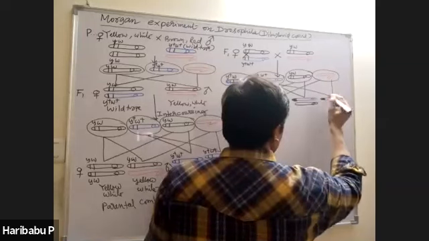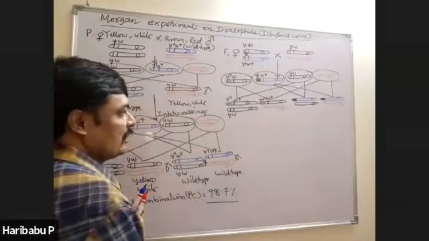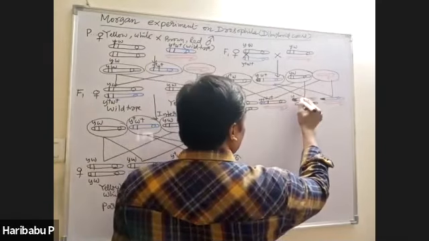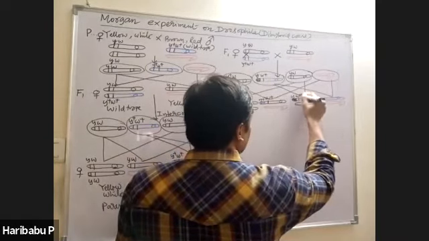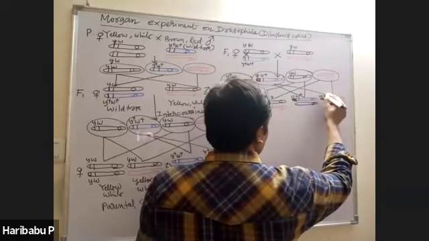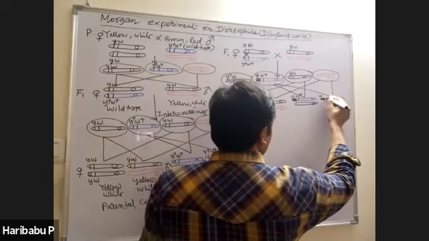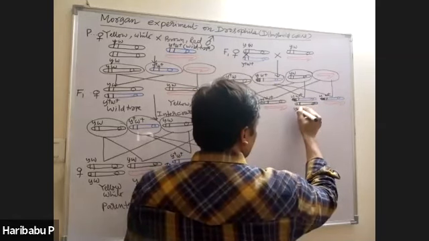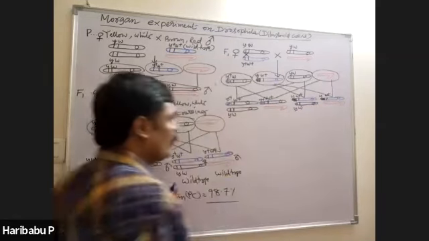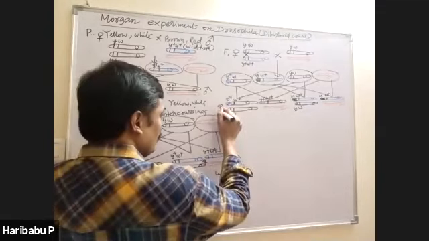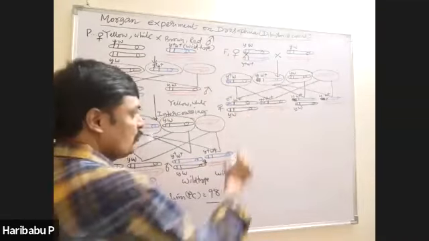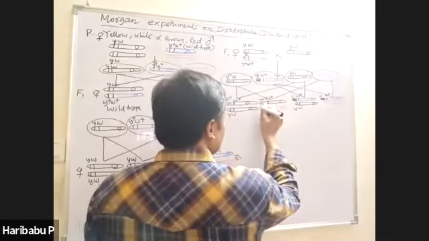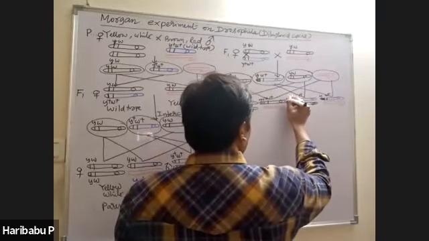And now these are the exchanged segments. Therefore, here Y W plus. Here also Y W plus. And this is YW. This is female because both are X chromosomes. This is male.